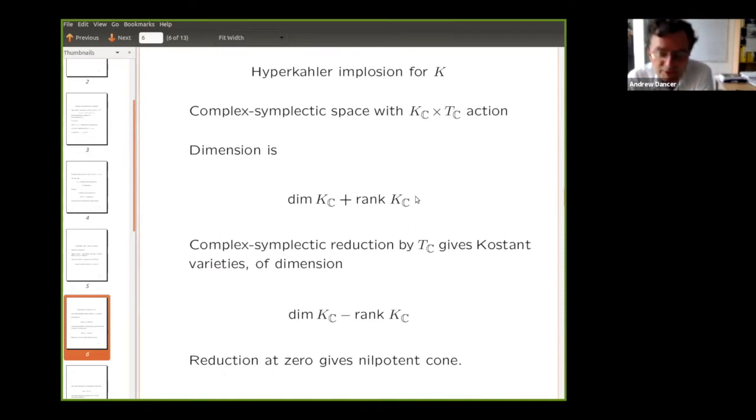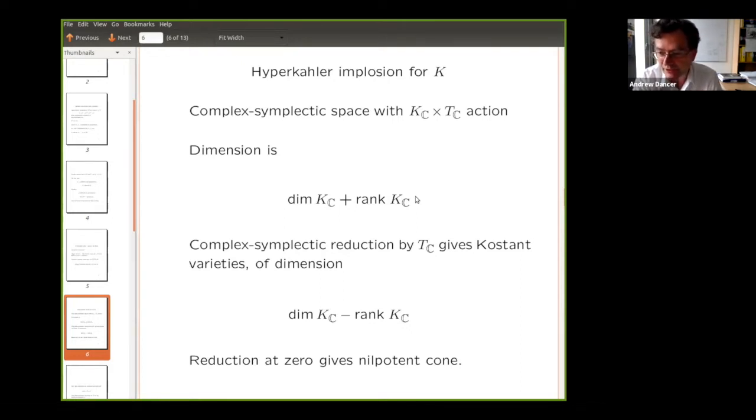This is by analogy with the universal symplectic implosion of Guillemin, Jeffrey and Sjamaar, because the torus reductions there just give you the various co-adjoint orbits for the compact group. Now, in the complex symplectic case, life is a little more complicated because the complex co-adjoint orbits are not necessarily closed.